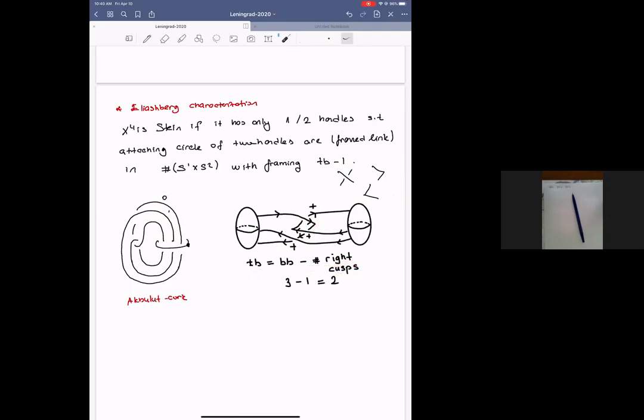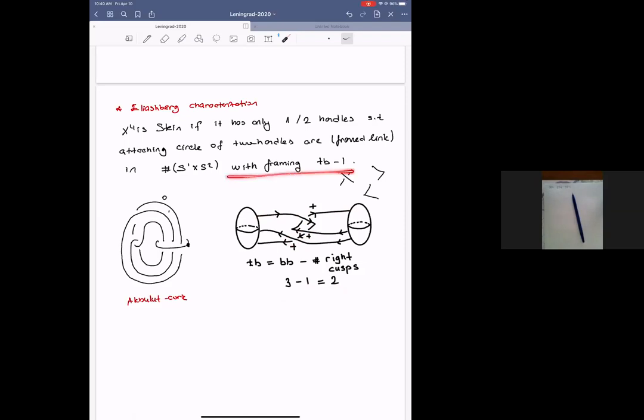If you orient your knot in that way, then you have the writhe, the blackboard framing, 3, and the number of right cusps is just 1, so it is 2, and it has only 1 and 2 handles.